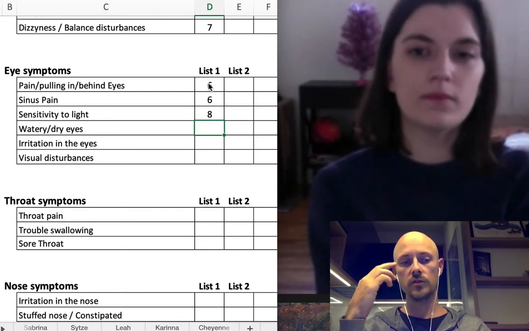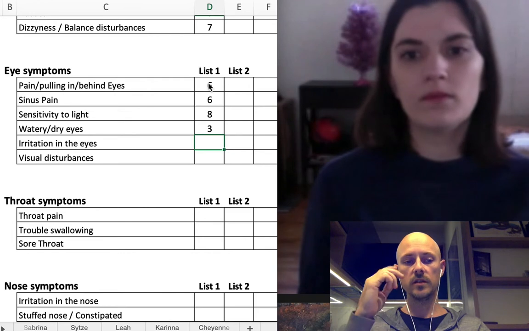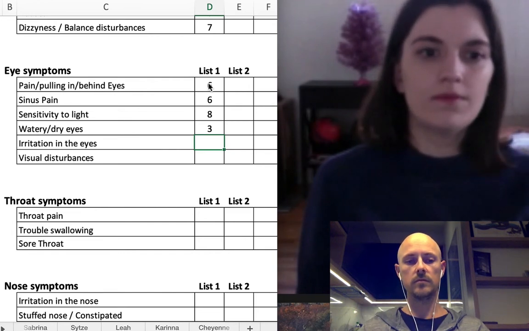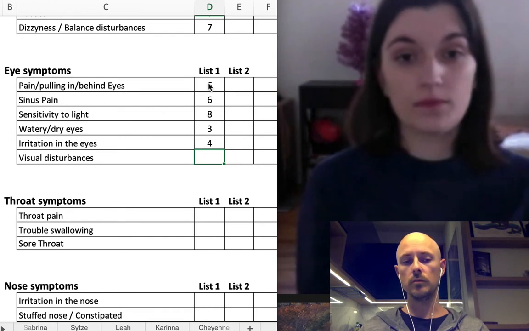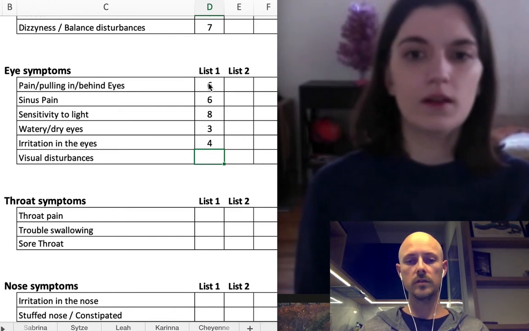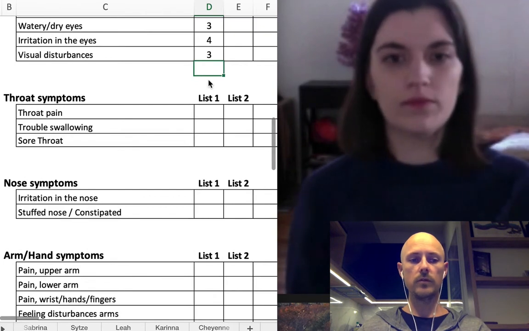And watery or dry eyes. 3. And irritation in the eyes. 4. And visual disturbances or blurry vision or double vision or something. Visual snow. 3.